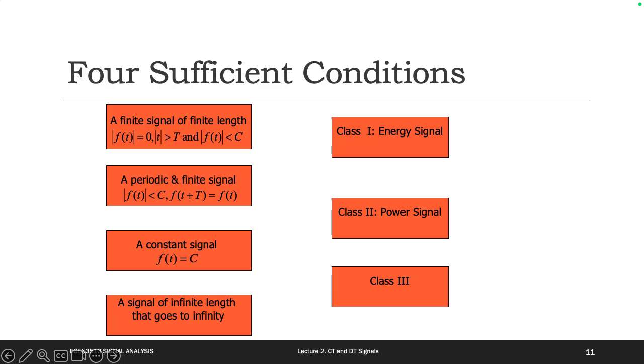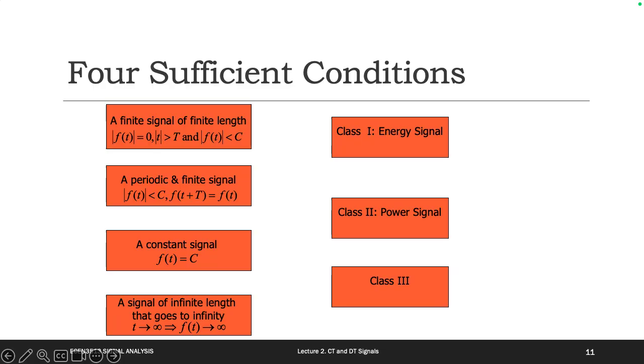And the fourth is a signal of infinite length that goes to infinity, which means your signal has infinite length, and the value will also go to infinity. Okay, these are the 4 different signals, and these are the 3 different classes.